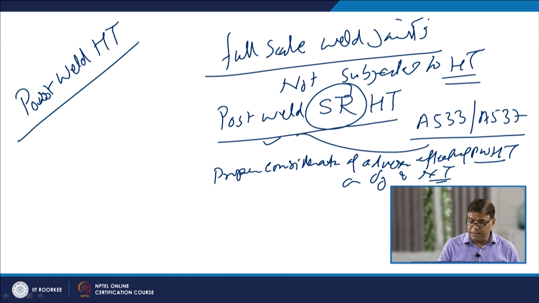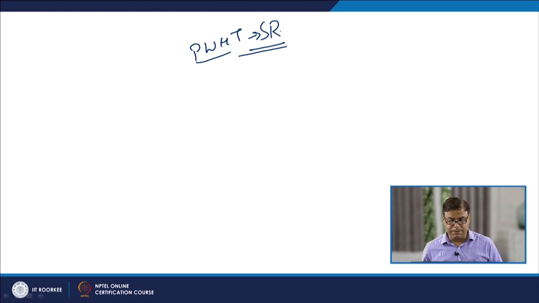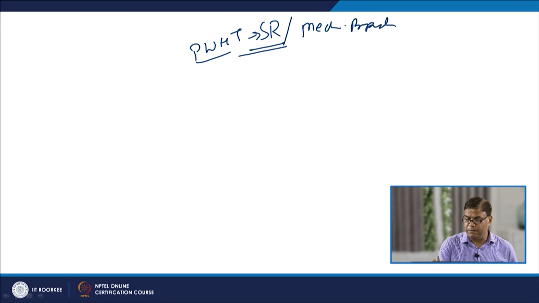And the post weld heat treatment may be needed primarily for relieving the residual stresses, means stress relieving heat treatment is carried out for relieving the residual stresses, or to achieve a specific set of mechanical properties.